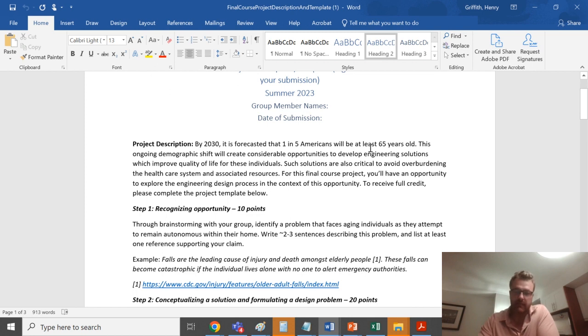The first portion of the project description is just setting up the need and the ask. It's detailing the economic shift that we're really having now with respect to changing demographics.